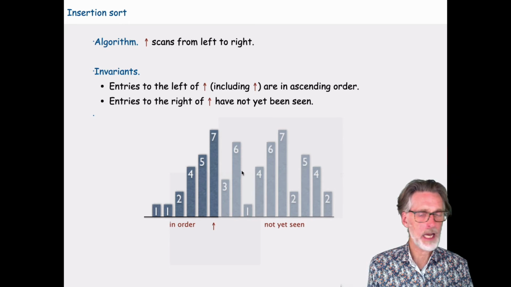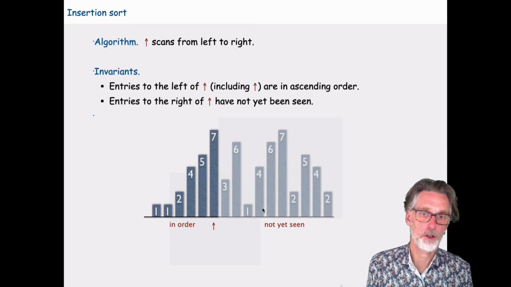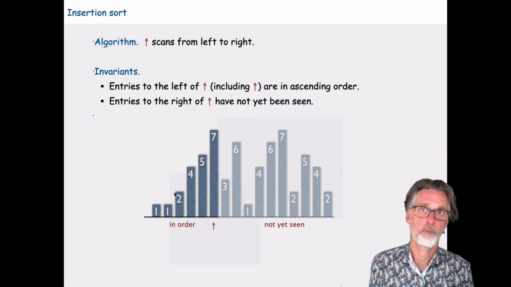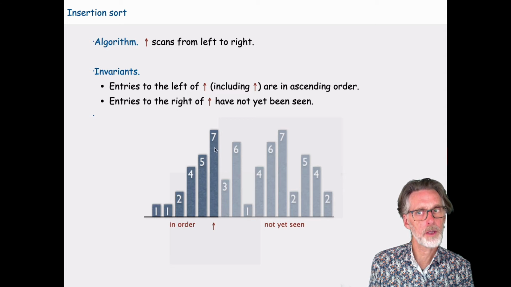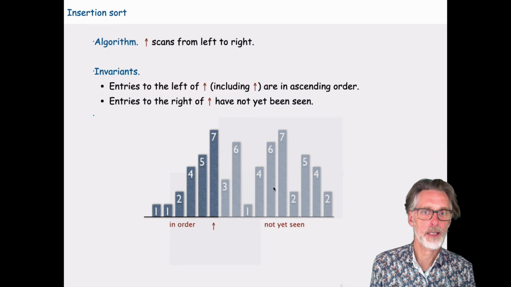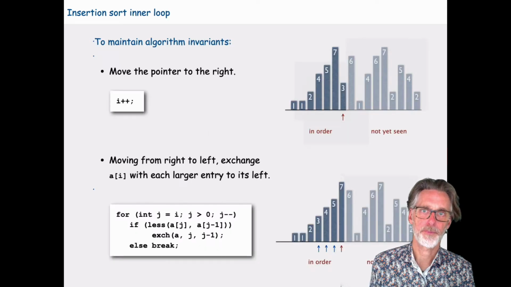We may move it again based on something we see in the future, like if we see 1, we may have to move the 3 that we just shoved in here. But that's okay. We will eventually end up with everything in order. And the important thing here is that we haven't even looked at all of these elements, though. So we're only looking from 0 up to I. We never look at anything beyond I.